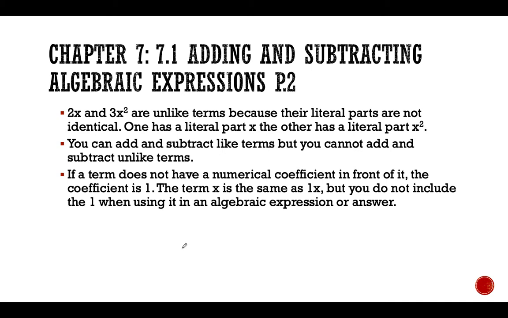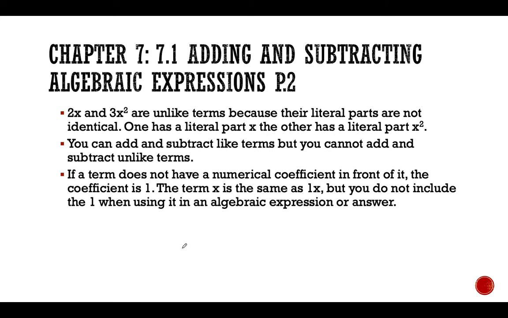Some examples: 2x and 3x squared are unlike terms because their literal parts are not identical. One has a literal part x, the other has a literal part x squared. You can add and subtract like terms, but you cannot add and subtract unlike terms.